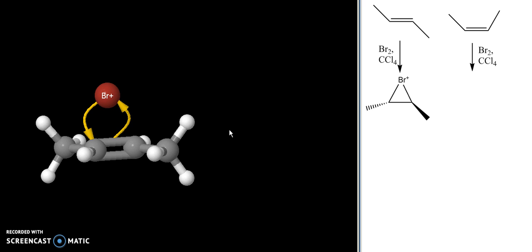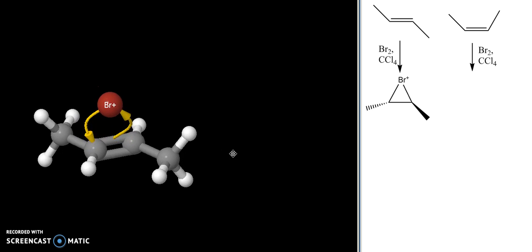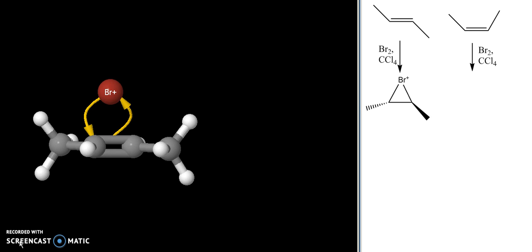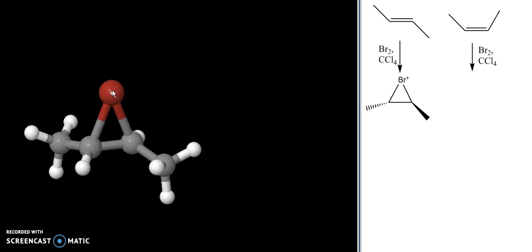We can look at that in 3 dimensions using this model here, where we show the arrows of the electrons moving from the double bond, and this positively charged bromine ion, using some of its lone pairs to form the next bond to this carbon. And when we do that, we get an intermediate that looks like this, where we get this bromonium ion.